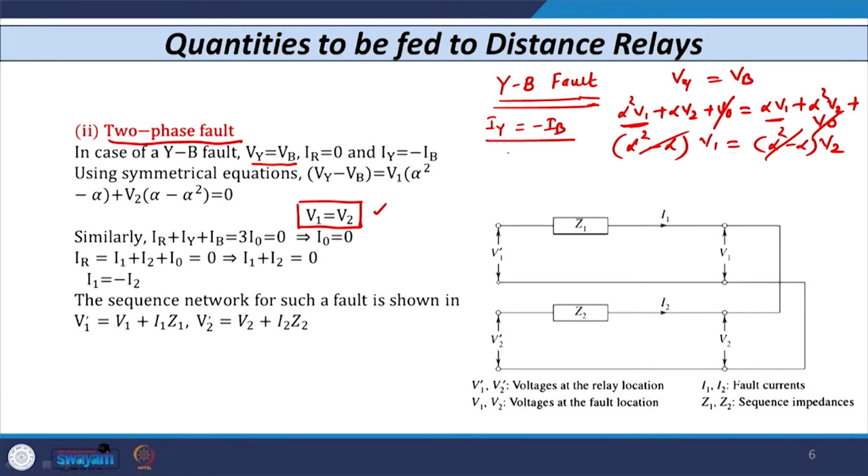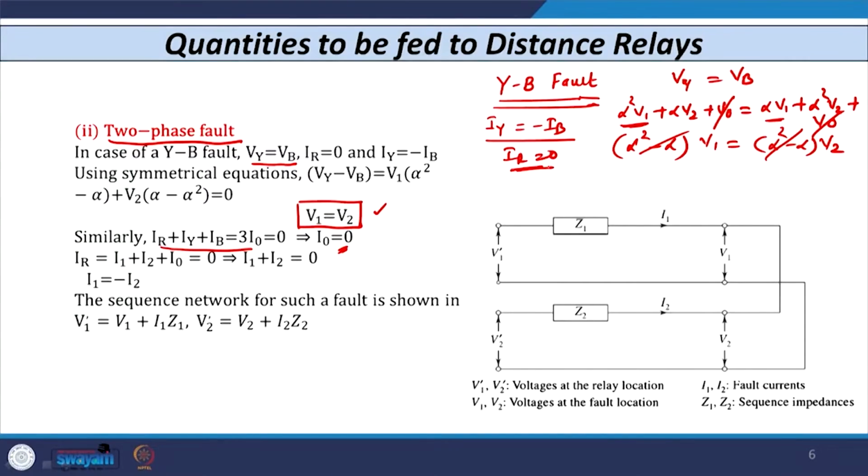This is also true, and IR is also 0. If this is the case, then IR plus IY plus IB is equal to 3 I0, so I0 is equal to 0. That means if any phase to phase fault occurs, the zero sequence current does not exist. If I0 is 0, then V0 is also 0.